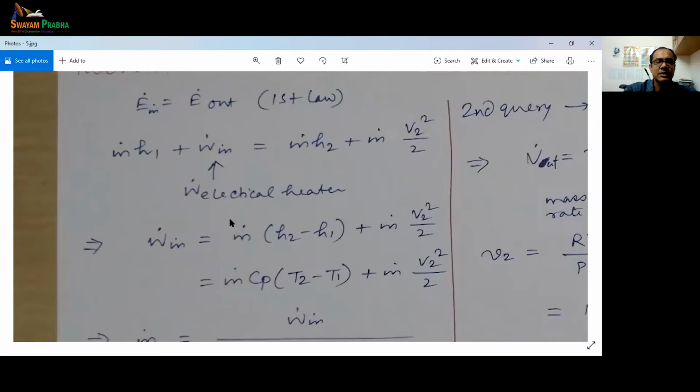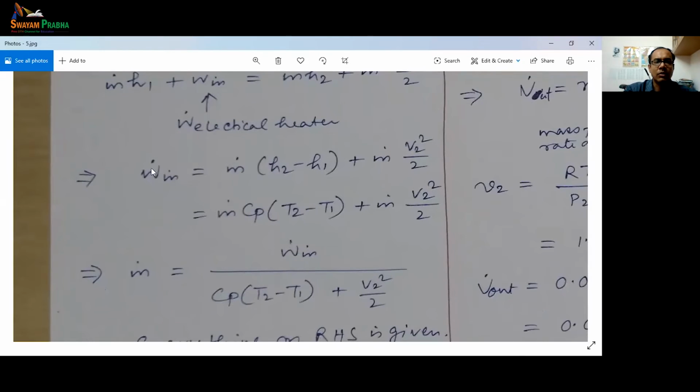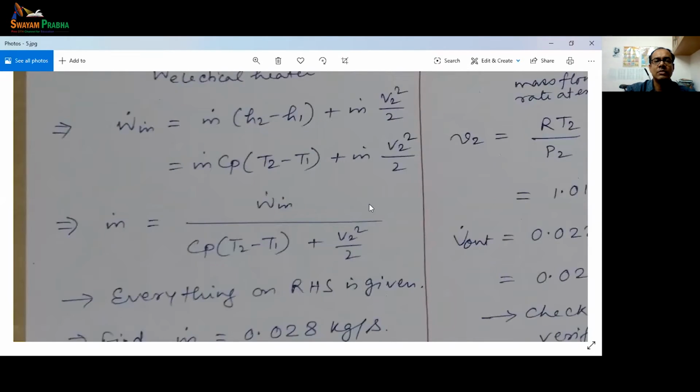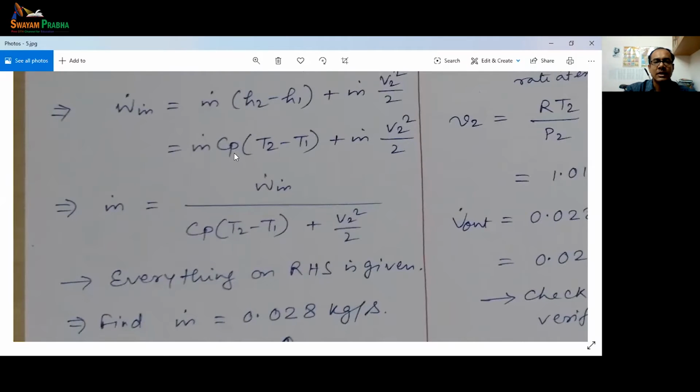So if you solve this, the electrical work input, that's what you need to put on one side: m dot into (h2 minus h1), that's the change in enthalpy of the airstream, plus the kinetic energy part of the outgoing airstream. Now h2 minus h1 you can write as Cp into (T2 minus T1), right?